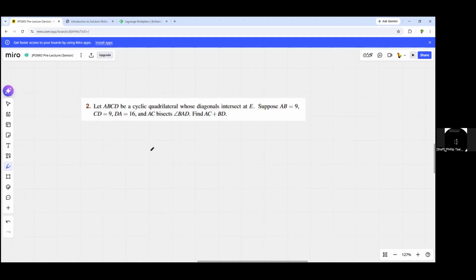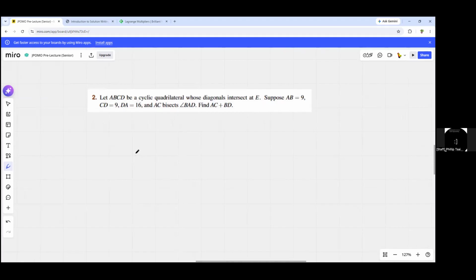Okay, I will draw a figure here. Just wait. Actually, no. I'll draw a figure here just to make it a bit easier to visualize.